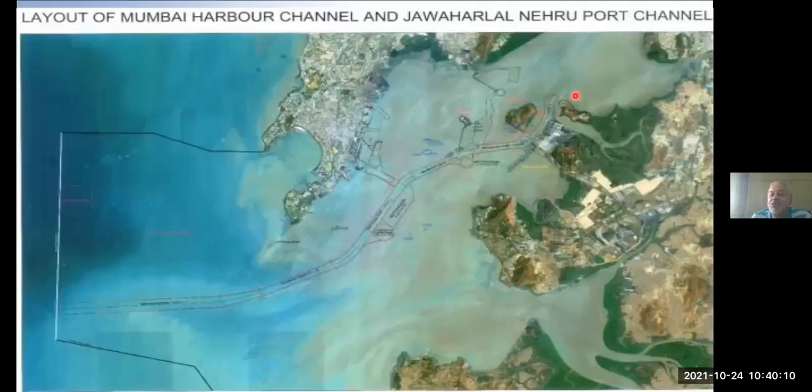Only fishing boats will be going inside. Commercial ships don't go inside from here. And that bridge height will be a restricting factor, how high ships can pass under the bridge.